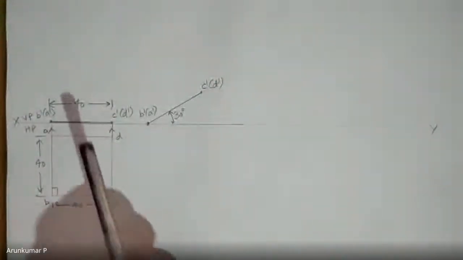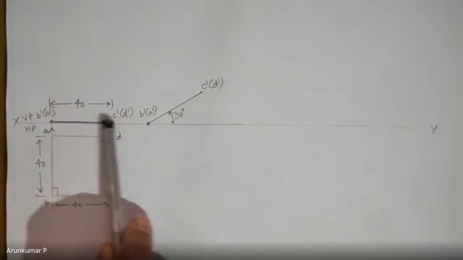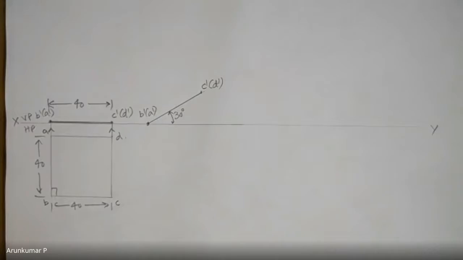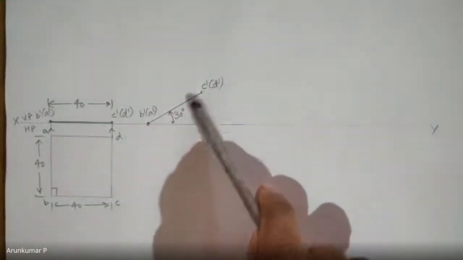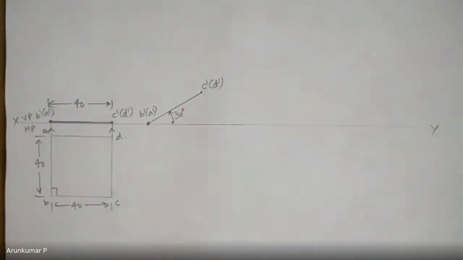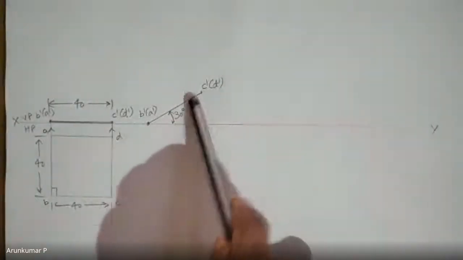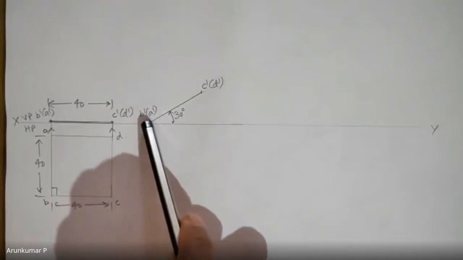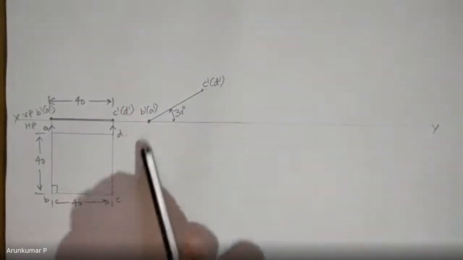So what you have done is, the first step front view 40 mm line, you have inclined at 30 degrees in the second step. So this indicates that the lamina is inclined to HP by 30 degrees. It also indicates that even though it is inclined by 30 degrees, one of its edges AB is still on HP because the front view is on XY.